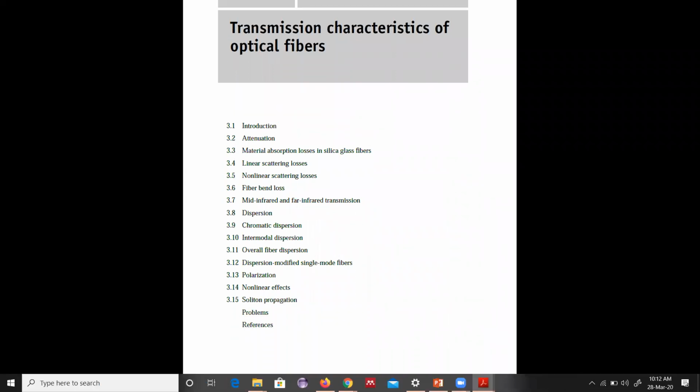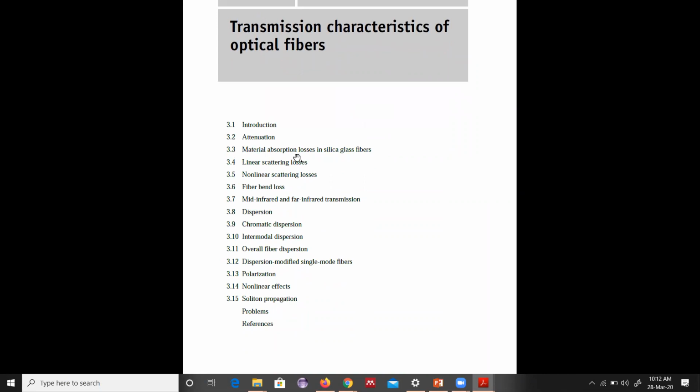The first attenuation we go through is material absorption. What is material absorption? Because optical fiber is made up of different materials, as we saw in the previous section, like glass or plastic, and different compositions of materials like silicon, germanium, trivalent impurities, and pentavalent impurities, which are used in variation of refractive index.